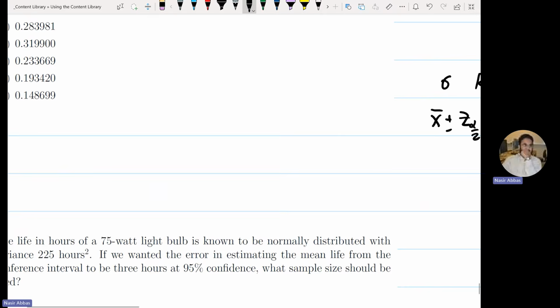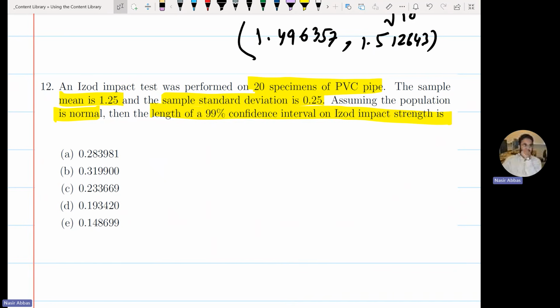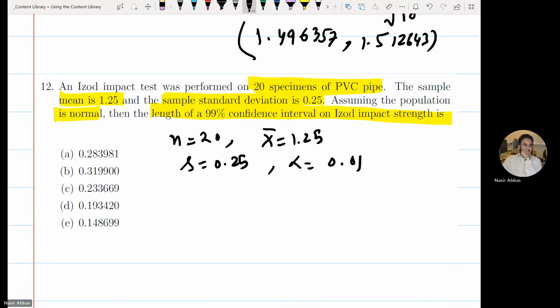So let's go back to the question. The question is about mu, and the population standard deviation is not given. What's given is the sample standard deviation. So the given information is that n is 20, x bar is 1.25, s is 0.25, and 99% means alpha is 0.01.